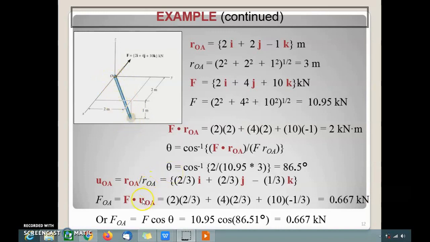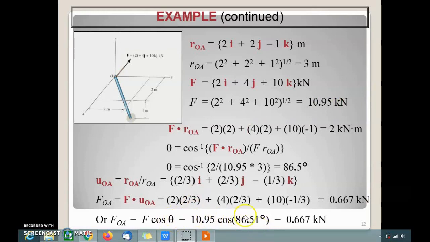The second method, you can also use FOA is equal to F cos theta. This F here is the magnitude of force, which is 10.95 kilonewton. You already calculated it here. So substitute into the equation, and then cosine theta.